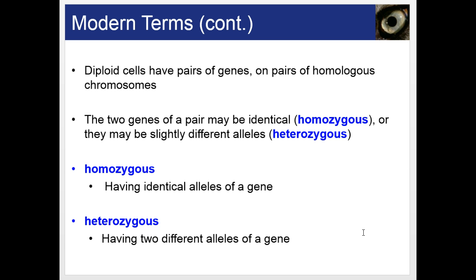Often we use letters to symbolize alleles or genes, such as, take for instance the letter A. For being homozygous, we could say you are big A, big A, or little a, little a. And if you're heterozygous, you're one of each, big A and little a.